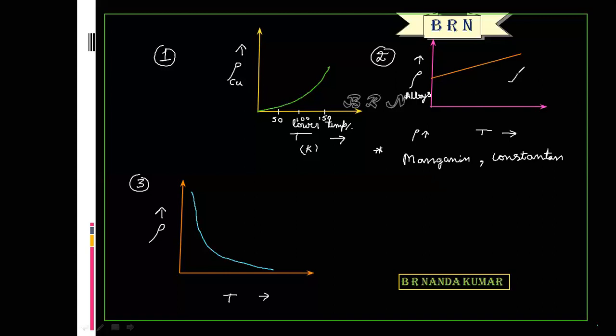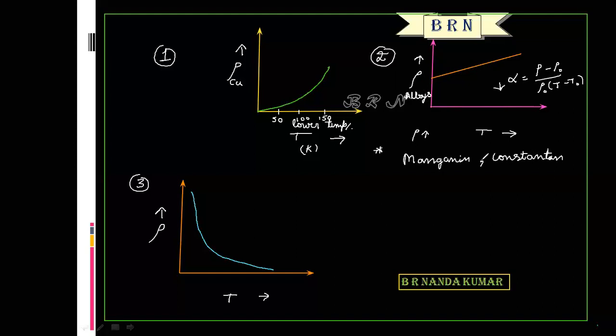What is the meaning of temperature coefficient? That is the ratio of increase in resistivity per unit original resistivity per degree rise in temperature. Here the increase in resistivity is very small. That is why the temperature coefficient is very small in case of alloys.